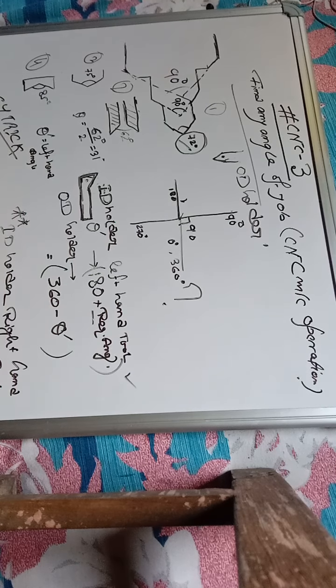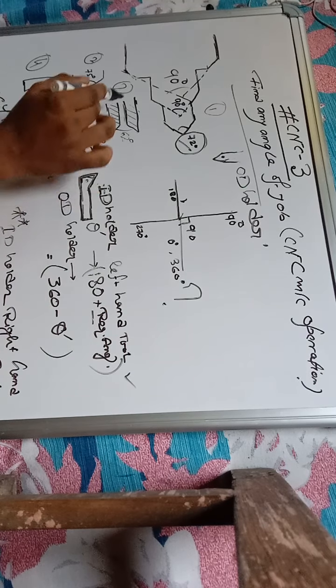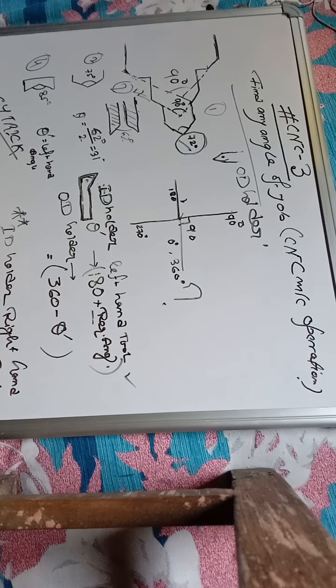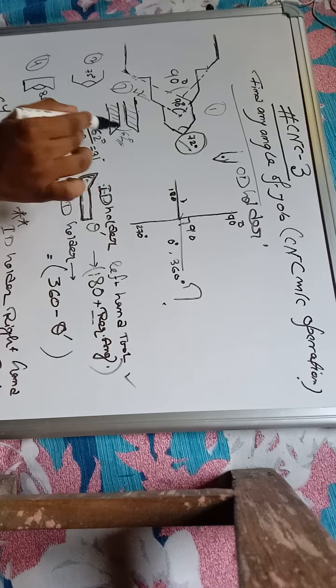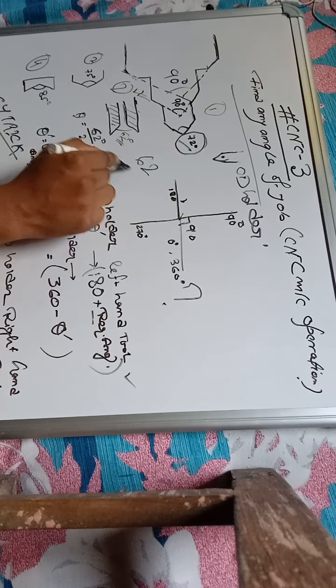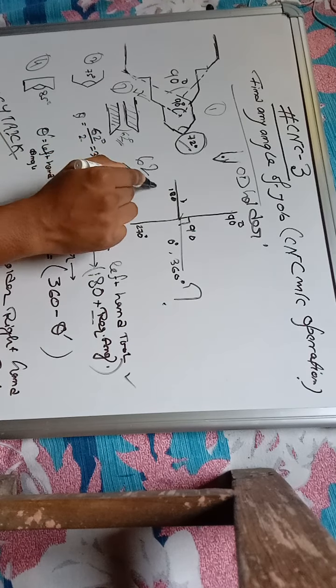Okay, so let's consider this case number 2. Here the angle is 62 degree. So how will you find it? Simply, what is the half value of 62? That is 62 divided by 2, that will be 31 degree.